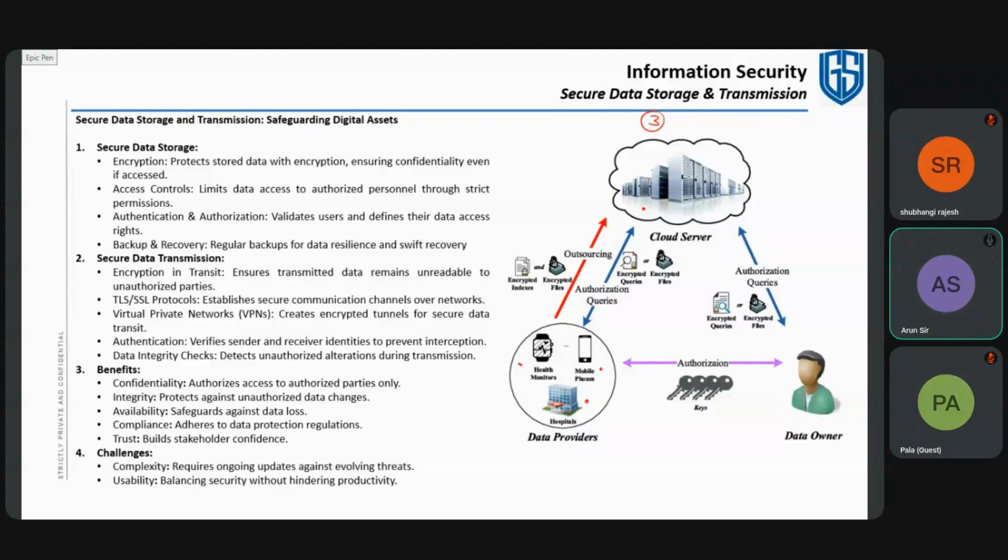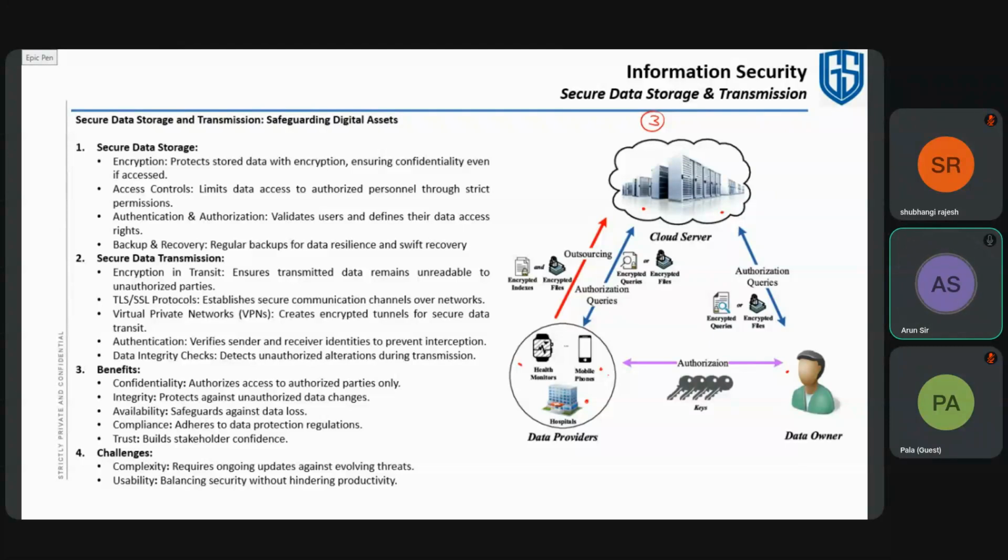There will be authorization queries, and encryption will be done. Then when the data owner wants to access it, the provider will share the access codes or keys by which you can go onto this cloud and check your information or data.